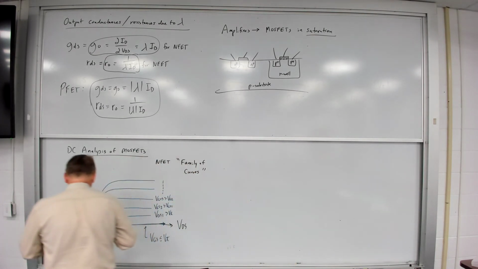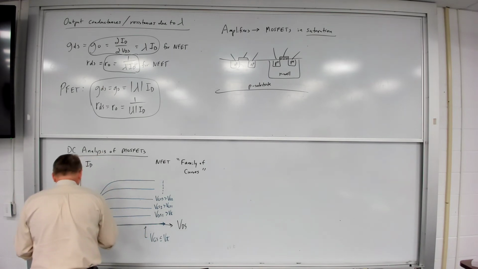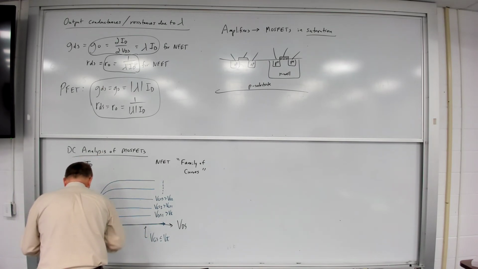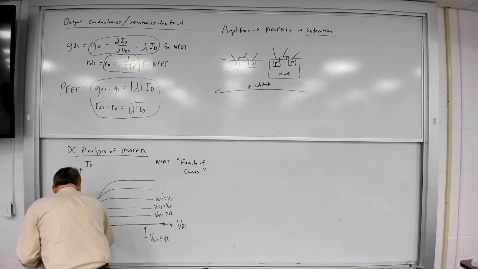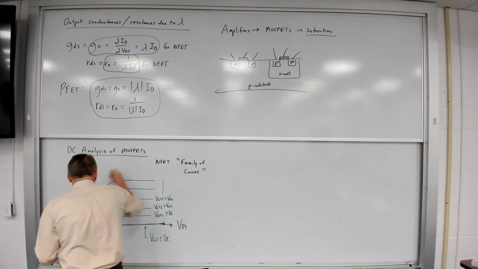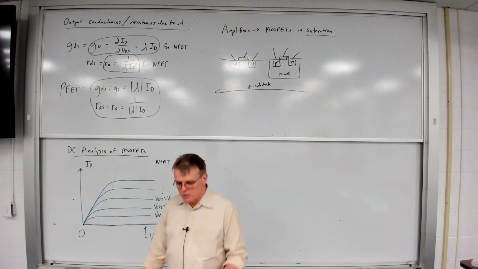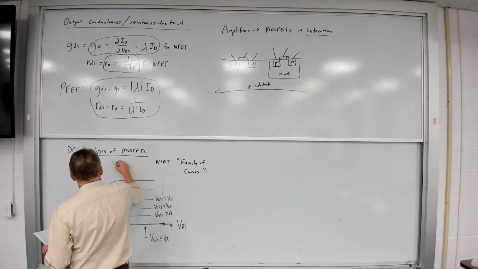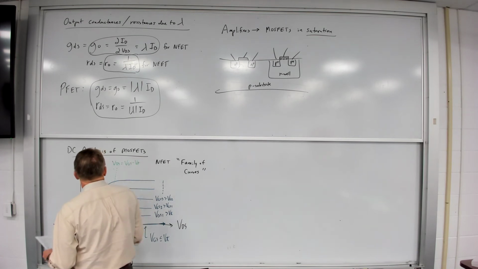So there's going to be a boundary condition. Let me do this. As VGS increases, the boundary condition is going to change too. So here's my boundary condition of VDS is equal to VGS minus V sub t.